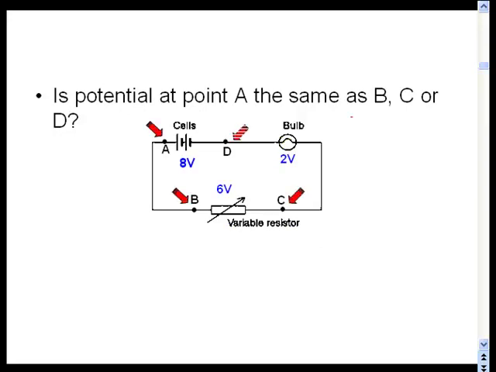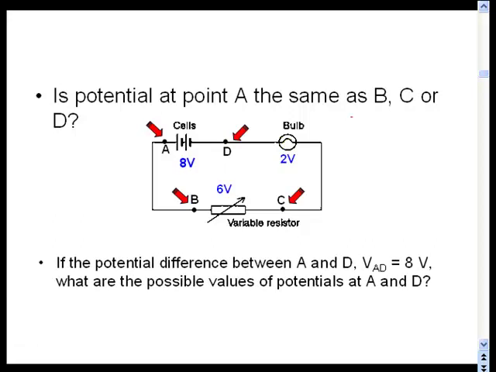Is potential at point A the same as B, C, or D? If the potentials at A and D are different, we say there is a potential difference between A and D. If the potential difference between A and D, VAD, is equal to 8 volts, what are the possible values of potentials at A and D?